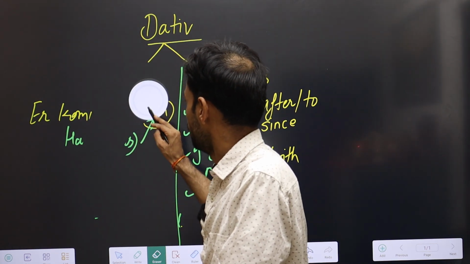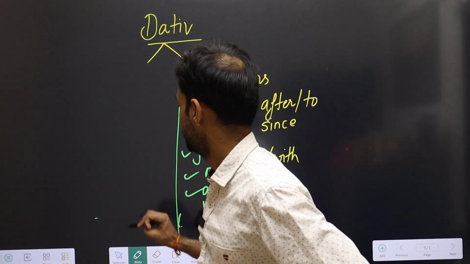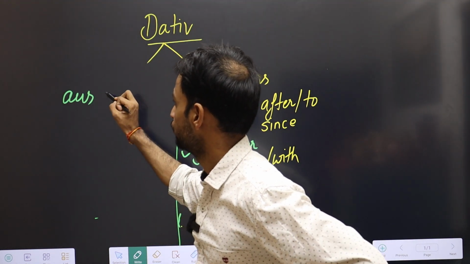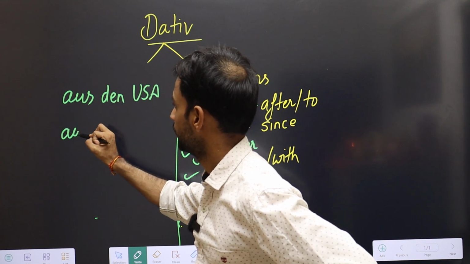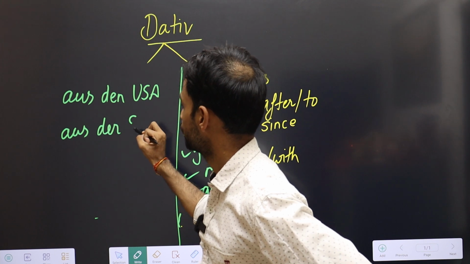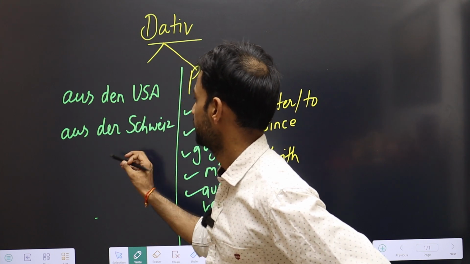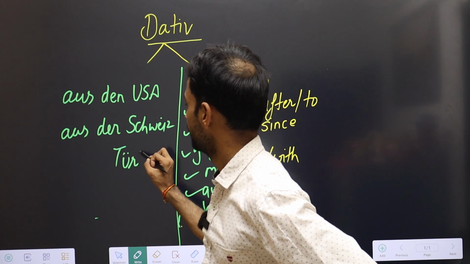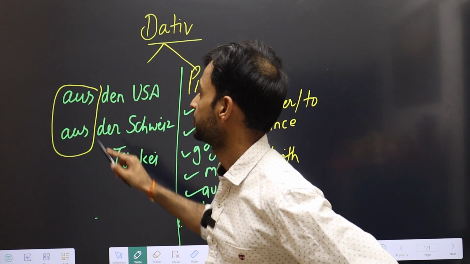Like we say kommt aus. Yeah, if somebody is coming from America, aus den USA. Aus der Türkei or Schweiz. So again here there is the preposition.